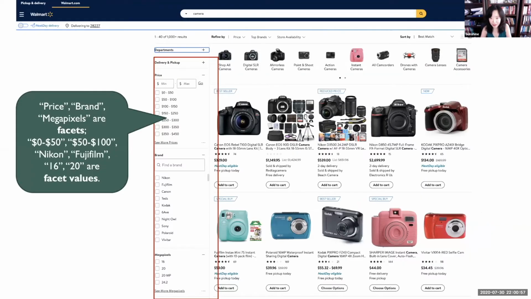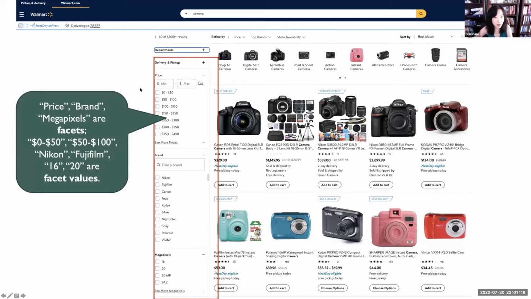Just to refresh our memory, I believe most of you already know what facets are. This is a search page from Walmart. If we type the query camera into the search box, we will see a lot of search results, a lot of cameras, on the search page.